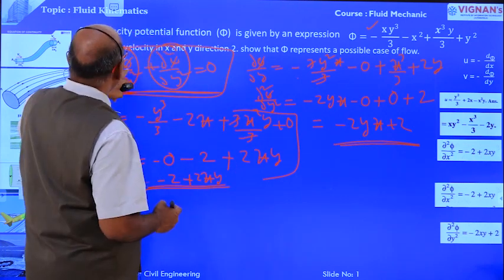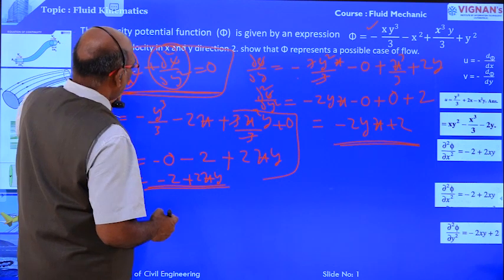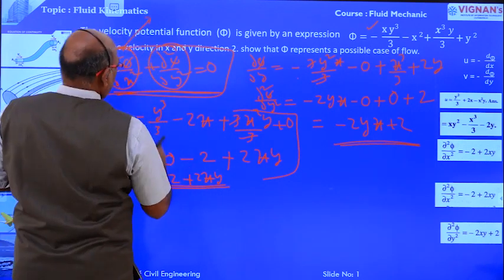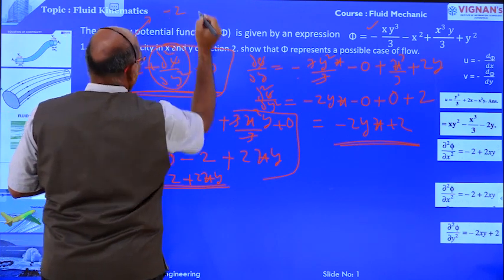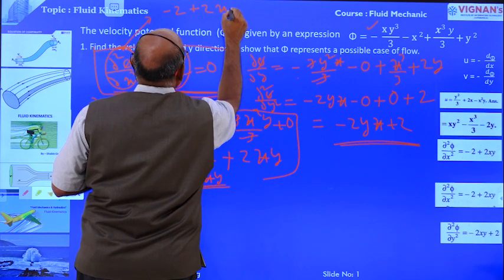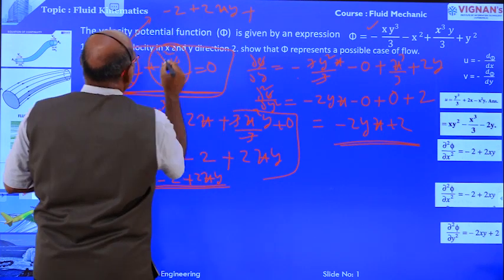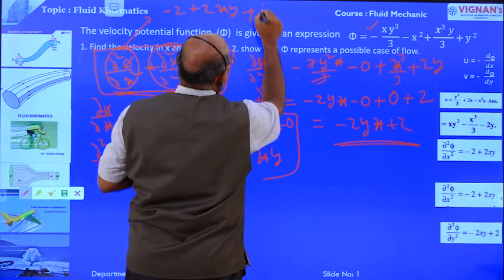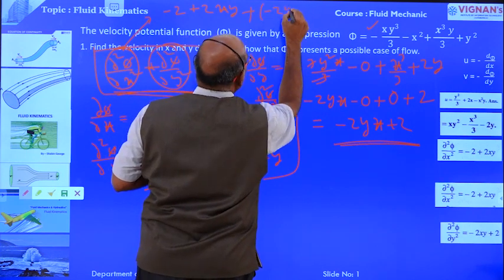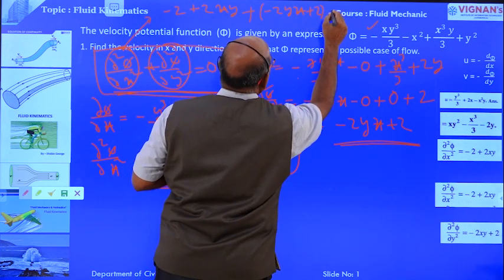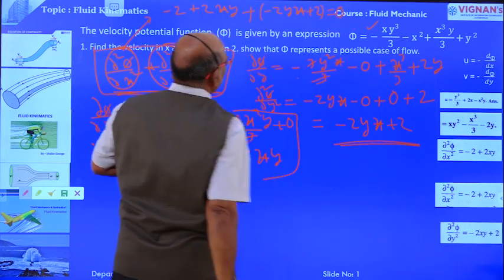Right, what is dou square pi by dou x square? Dou square pi by dou x square is equal to minus 2 plus 2xy, plus dou square pi by dou y square, which is minus 2yx plus 2, is equal to 0.